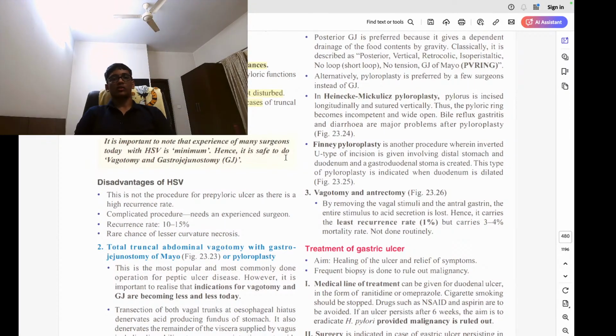Many surgeons say that HSV is minimal, hence it is safe to do a gastrojejunostomy (GJ).